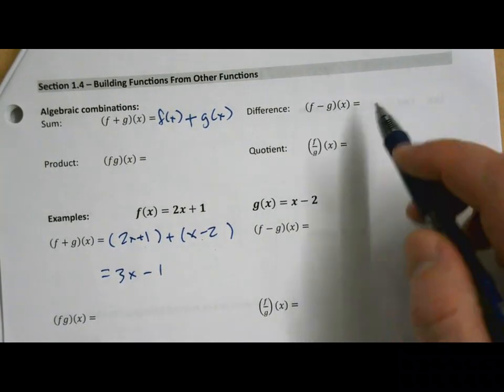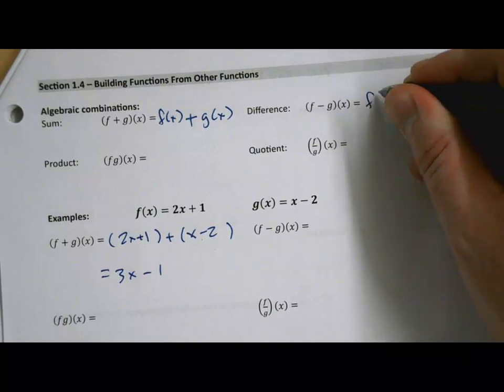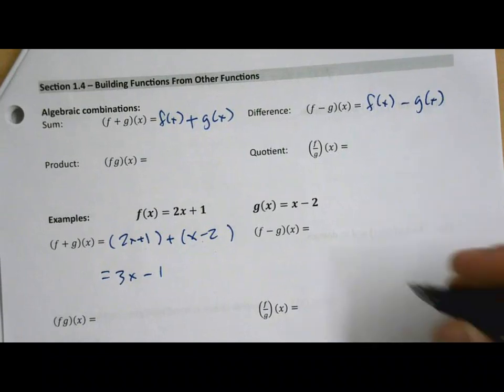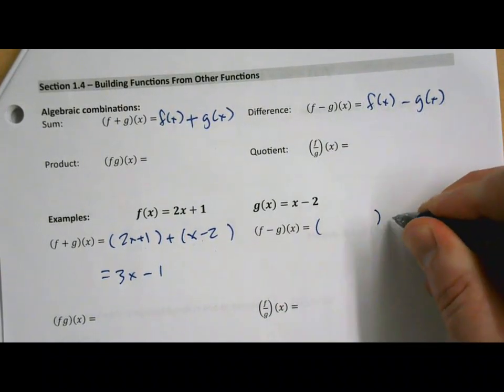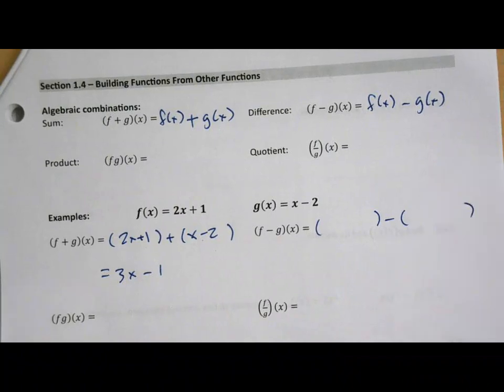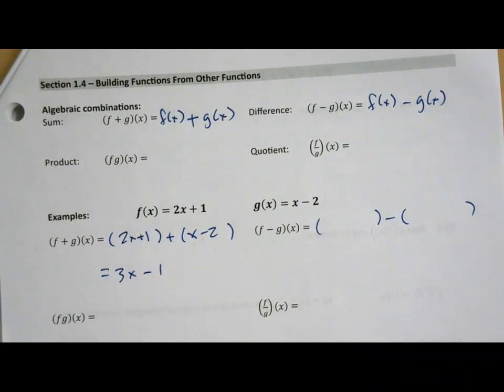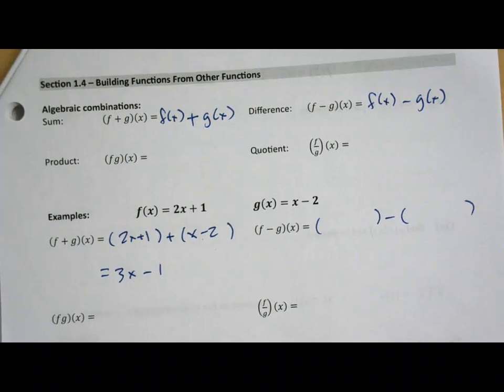All right, f minus g of x, same idea. We're just going to take those 2 functions, f of x and g of x, and subtract them from each other. The parentheses become important when you do this. I'm in the habit of, when I do substitution, I always draw the blank parentheses first. I fill out the format, and then I go back and write what's going to go in there at a later time.